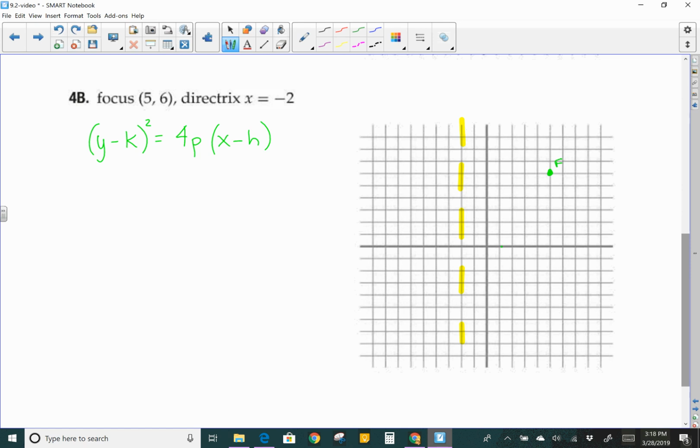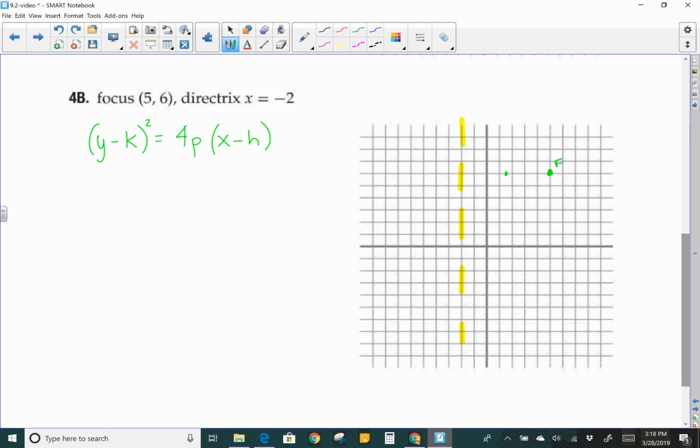Oh, well. So vertex is, okay, if the vertex is halfway between these two because it's got to be equidistant from both of them. So if this is 5 units away, then this is 2 units away. That's a total of 7, right? So half of 7 is 3.5. So 1, 2, 3.